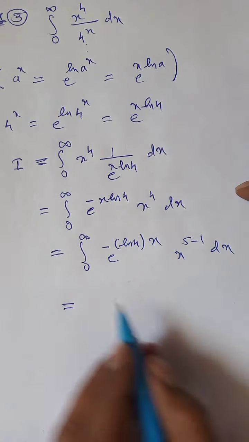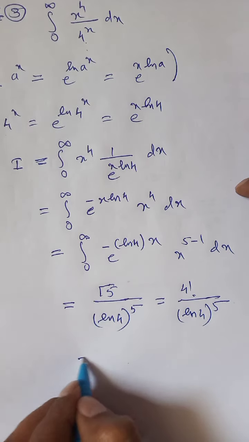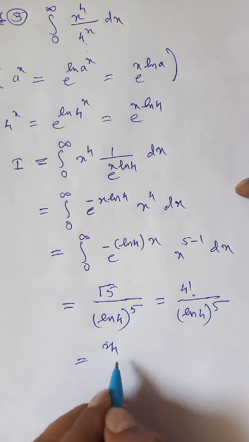So it is gamma 5 divided by k to the power 5, like log 4 to the power 5. And gamma 5 is 4 factorial divided by ln 4 to the power 5. So it is 24 divided by ln 4 to the power 5, right?